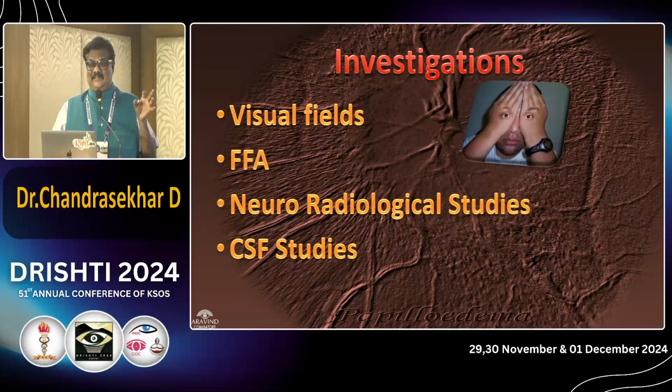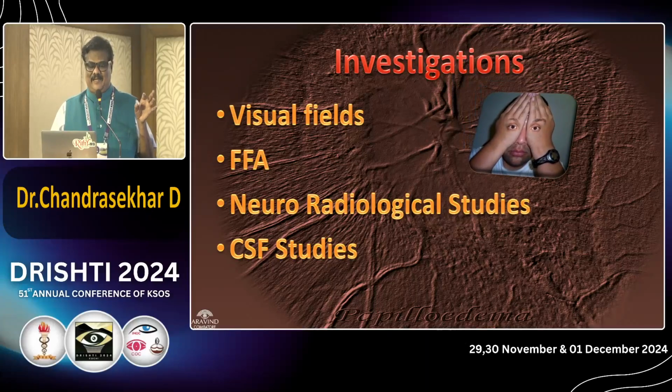Any investigation for papilledema should start with optic nerve function, basically your vision, then color vision and visual field. That is very important. But the major tendency is to test the field only with 30-2, a 30-degree field.